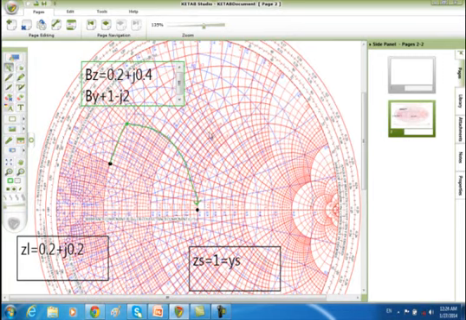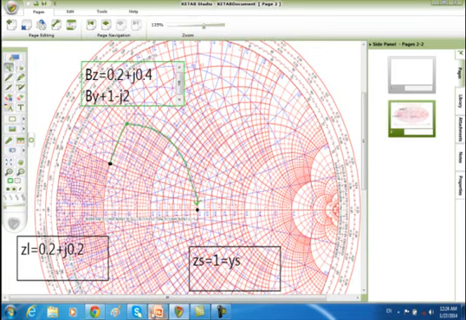The reason for moving along a constant R circle or constant G circle is that we are just adding a series inductor or parallel inductor or capacitors. So to get the value of the inductors or the capacitors, at the beginning we need to see how we add them.